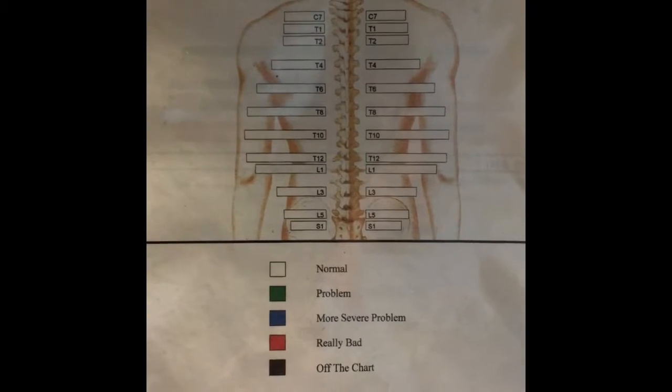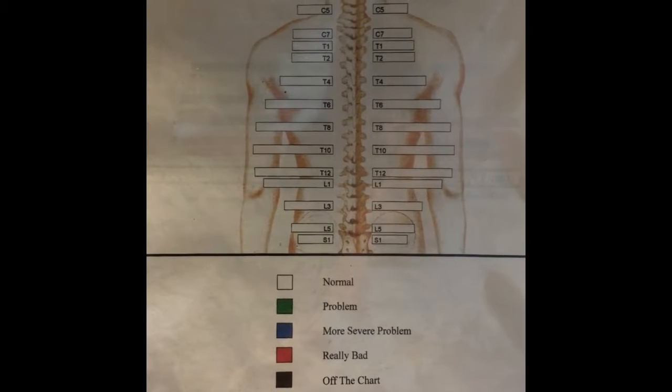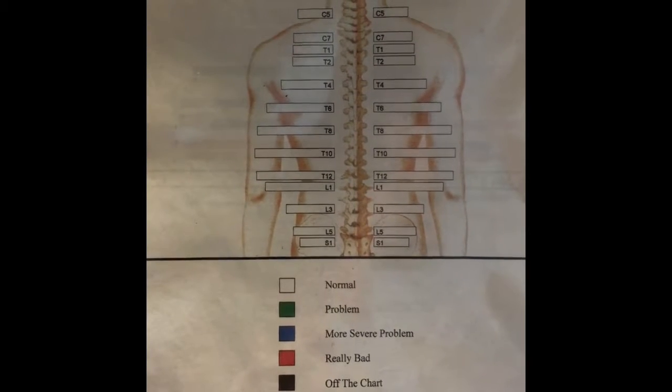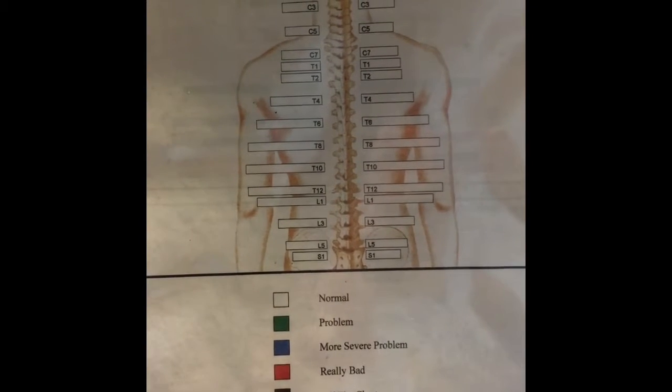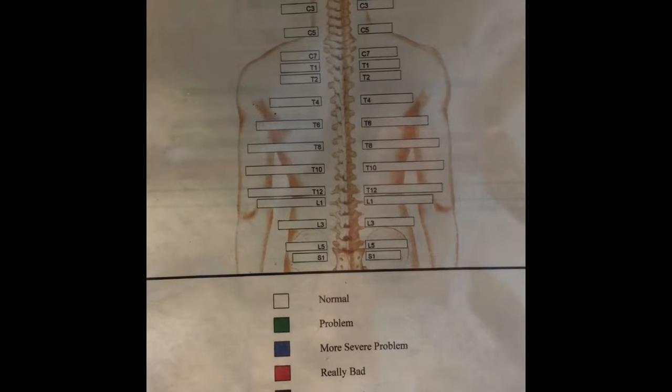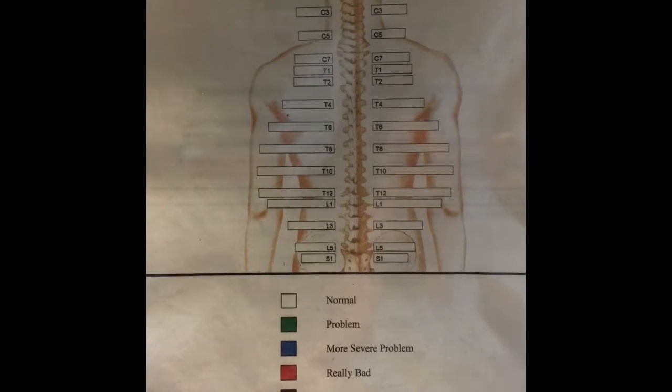To make this easy to understand, if the computer picks up that there's a problem, it changes the line to green. If the problem is more severe, it turns it blue. And if it's really bad, it turns it red.